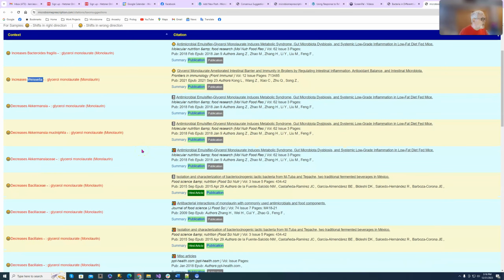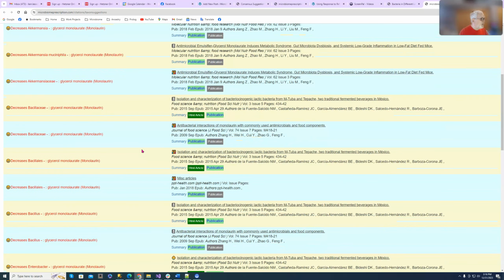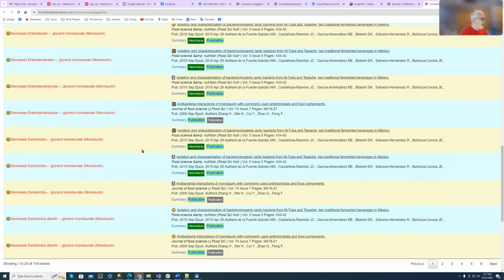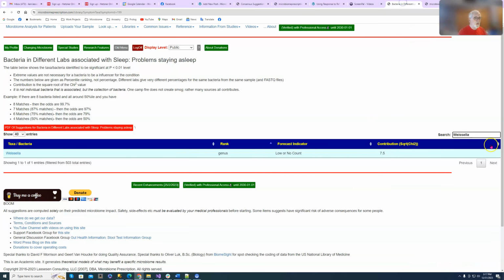Then we have Akkermansia. We have high level bacillus. Let's try something different like enterobacteria. It decreases it. And let's see if we get lucky over here. And we don't get lucky over here. The contribution here is actually very small. So some will match, some won't match.